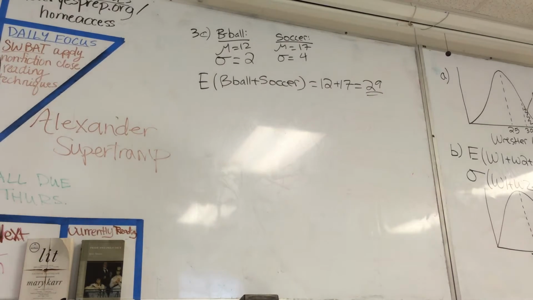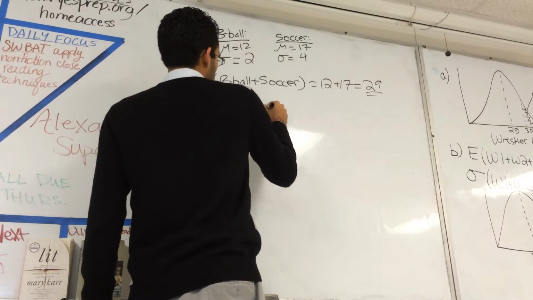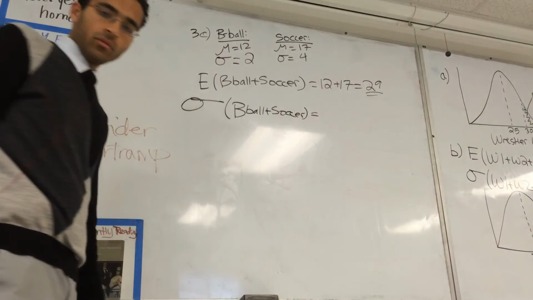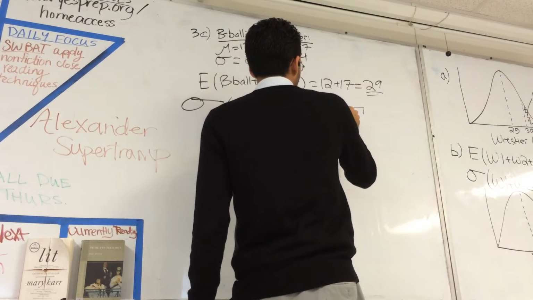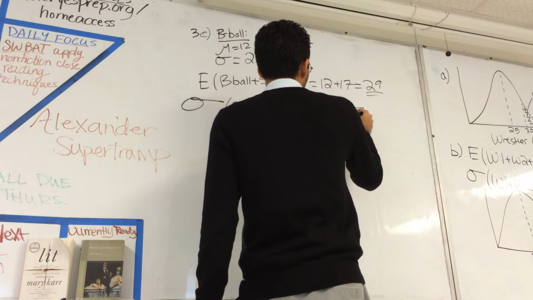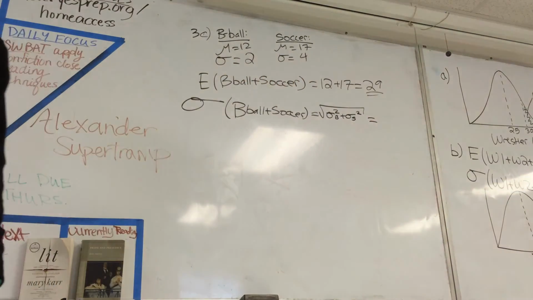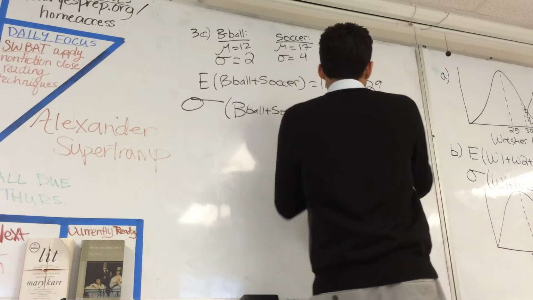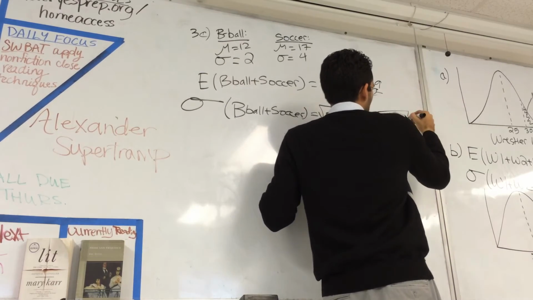And the last thing we want now is the standard deviation of basketball plus soccer, which is the square root of the standard deviation of basketball squared plus the standard deviation of soccer squared. The standard deviation of basketball is 2, plus 4 squared.